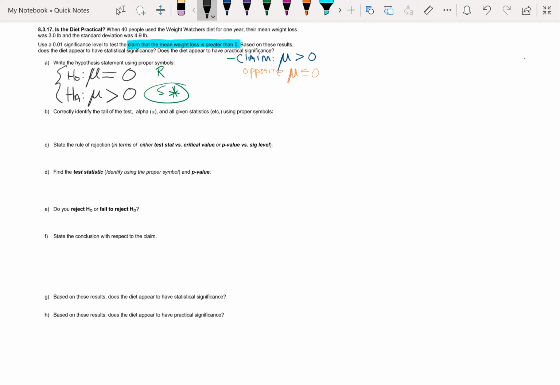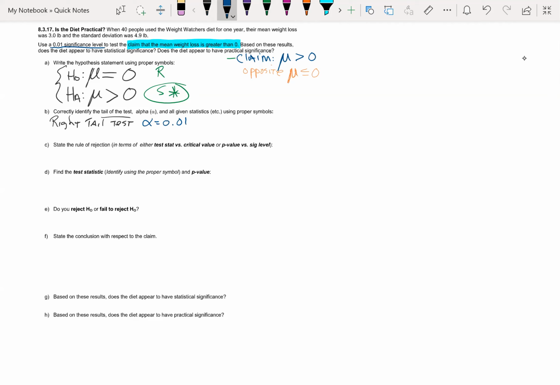So next we're going to go through and identify the tail of the test. Well, the alternate inequality is pointing to the right, so this is a right tail test. Our significance level is alpha, that's 0.01.